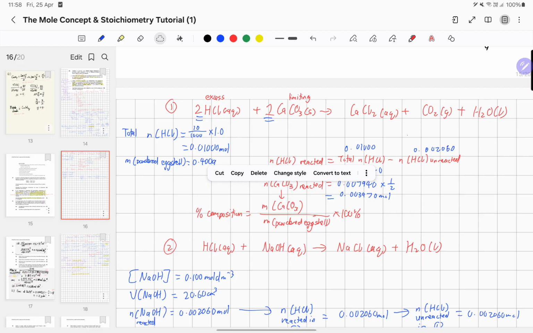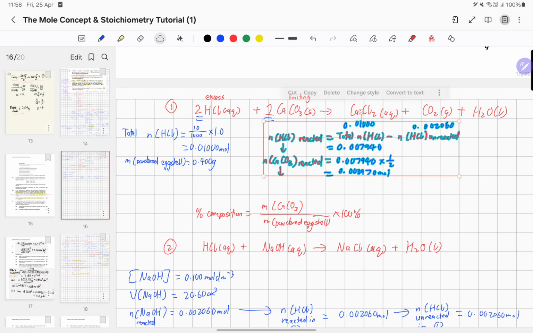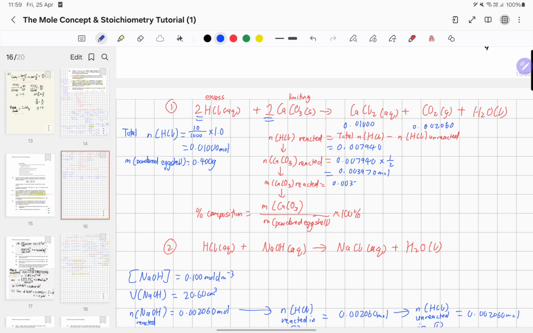And then when you want to get the mass of CaCO3, you just need to multiply by the molar mass. Okay, 0.003970 multiplied by 100.1, because that is the molar mass.